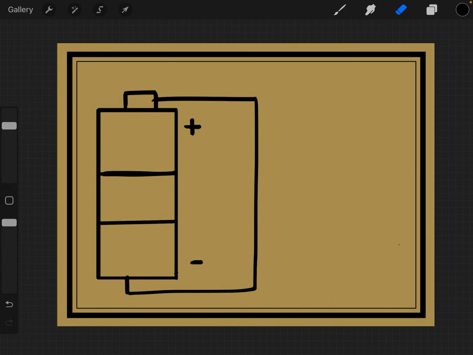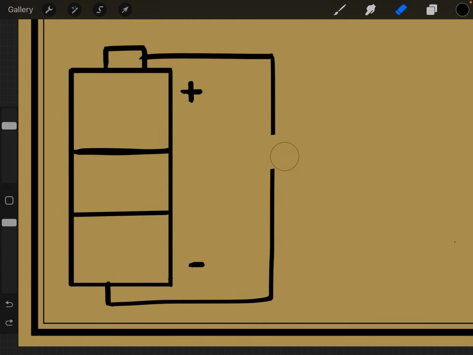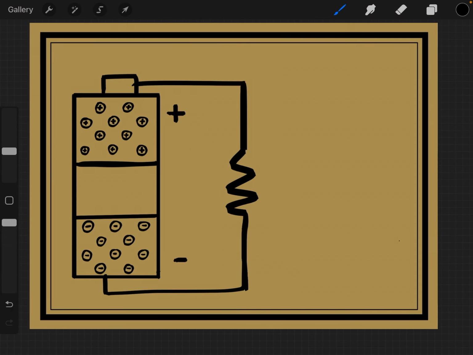So let's go back to this example where we have the battery and the wire. But this time, in the middle of the wire, we're going to add a resistor. Now, I want you to remember Kirchhoff's current law, which means that at any point in the circuit, the current going in must equal the current going out.